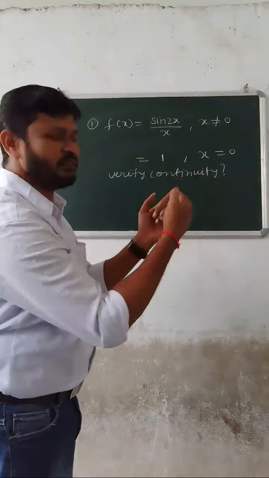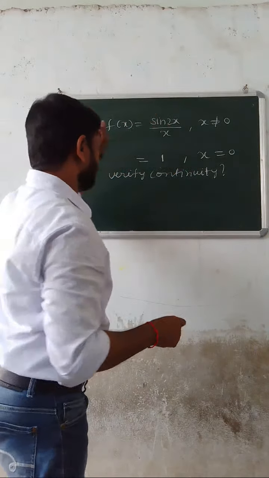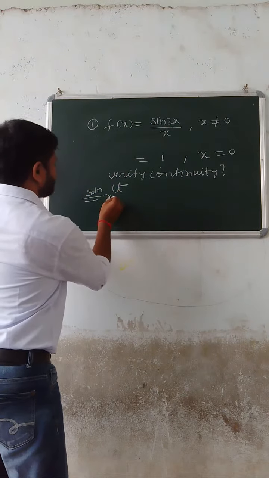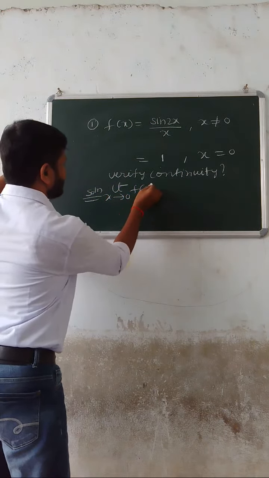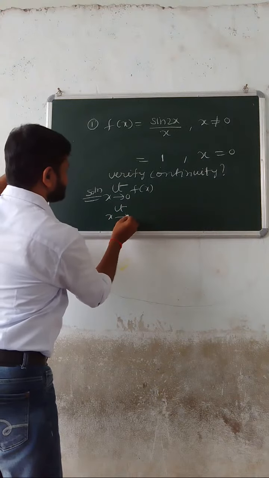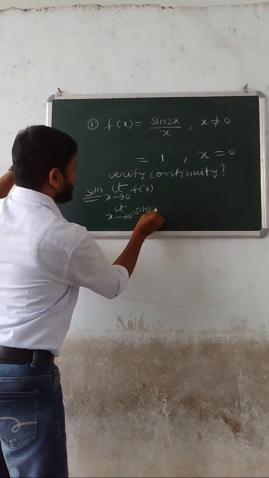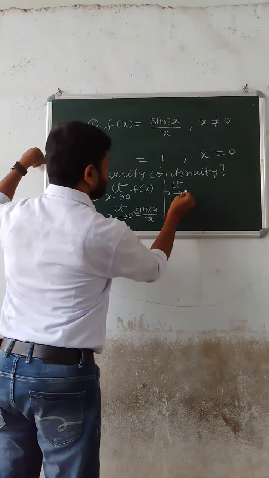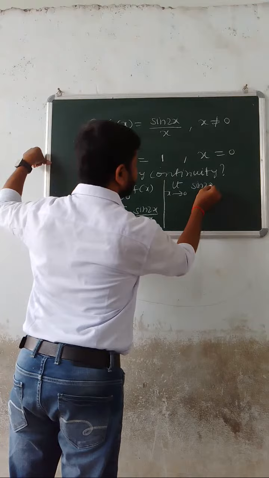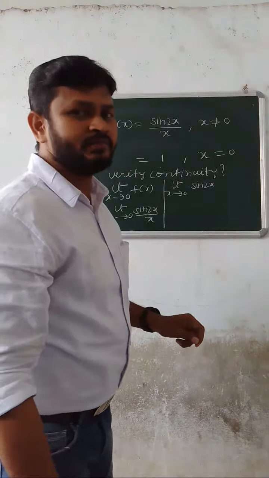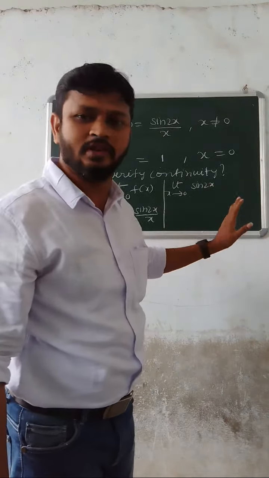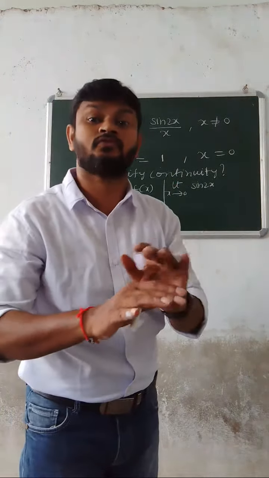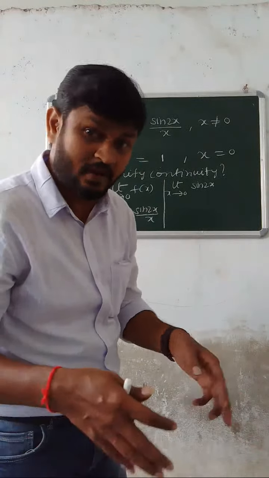Now we will go for the limit directly. Limit x tends to 0 of f of x, that is, limit x tends to 0 of sin 2x by x. You know that I already posted the formulas of limits: sin x by x is 1.